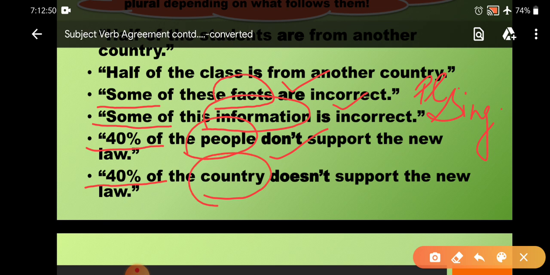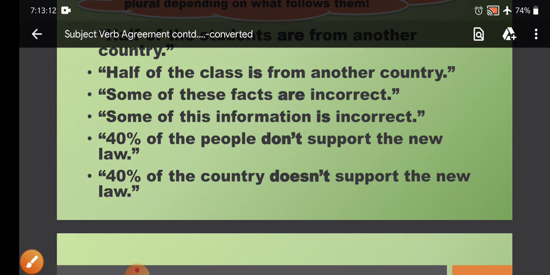Country is one. We are talking of maybe our own country. 40% of the country doesn't support the new law. Doesn't is always singular and don't is plural.